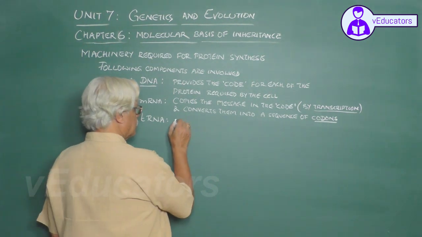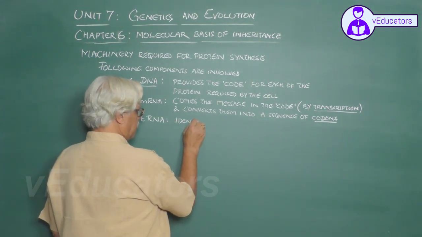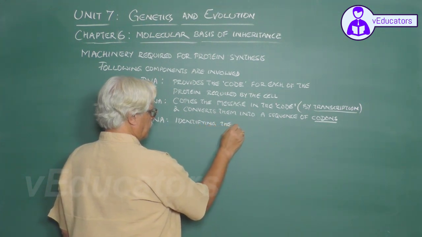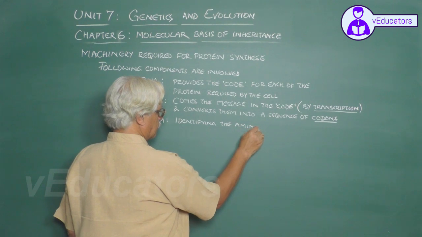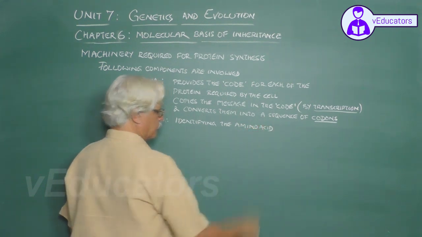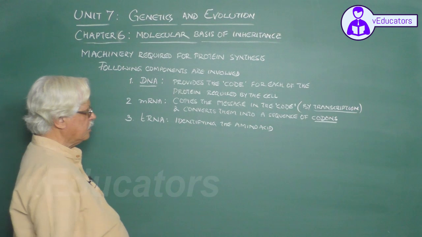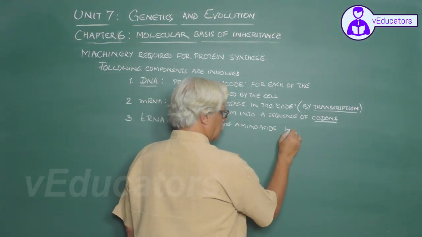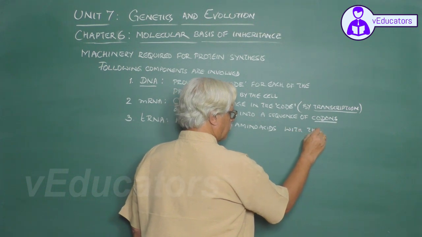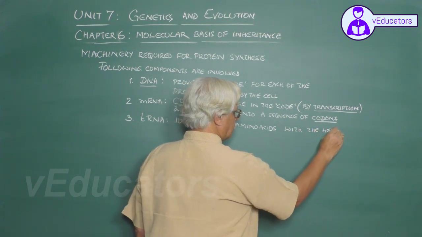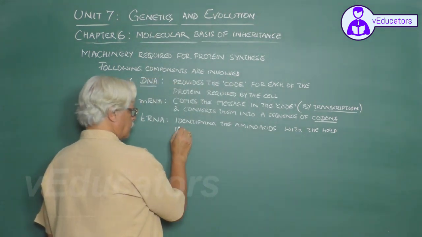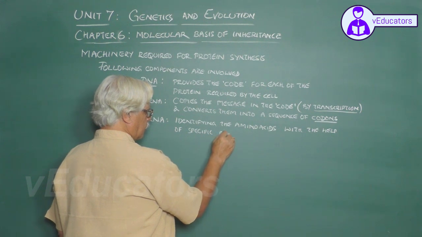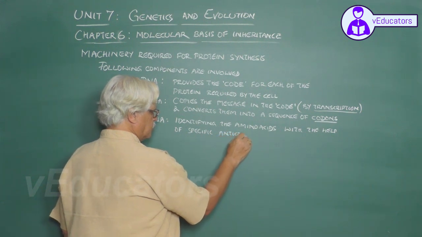tRNA molecule is meant for identifying the amino acids involved in protein synthesis with the help of specific anticodons.